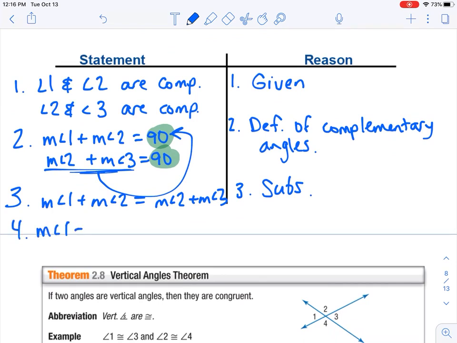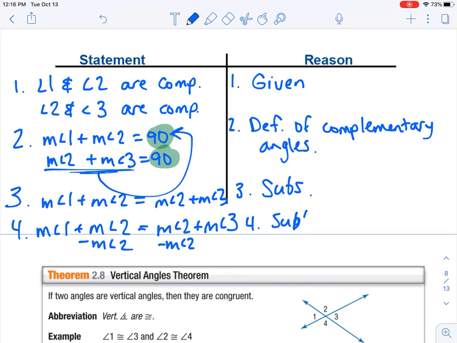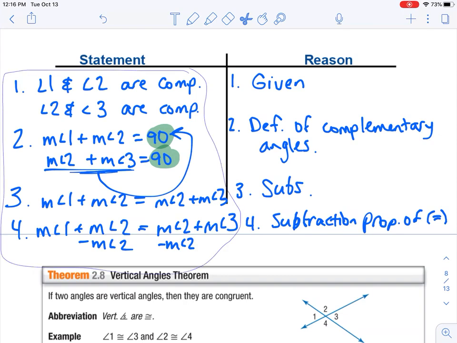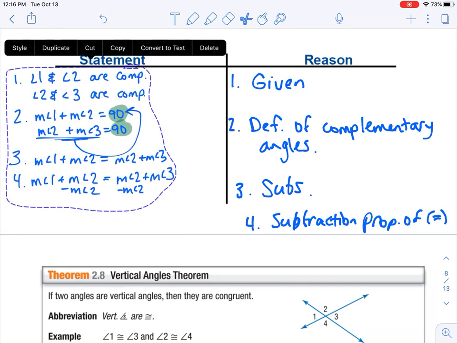Go ahead, you can rewrite this, because next you'll notice that we can actually use the subtraction property of equality. And then we always have a solving step that follows an operation step.